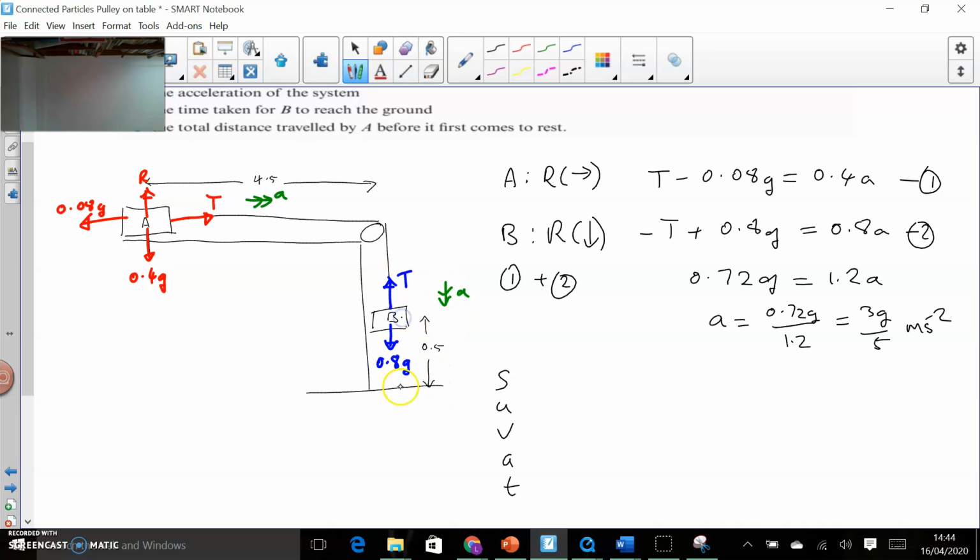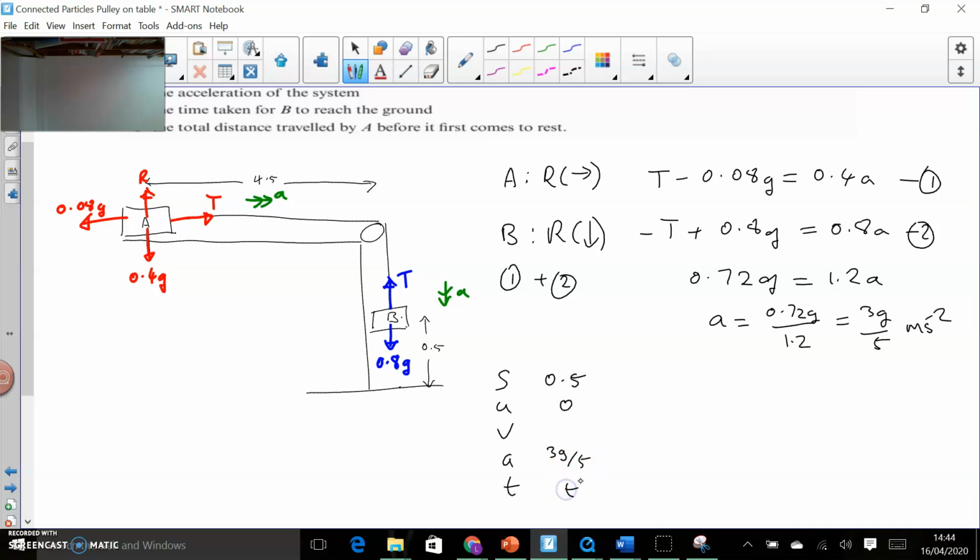Now B is going to move 0.5 meters vertically down, so displacement 0.5 down. That's the direction. It starts from rest, so u is 0. We don't know the velocity when it hits the ground. A is, of course, what we just found, 3g over 5.